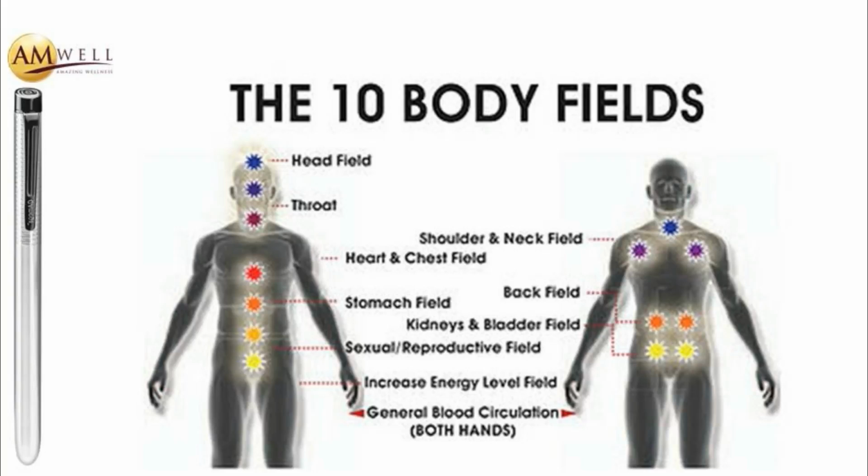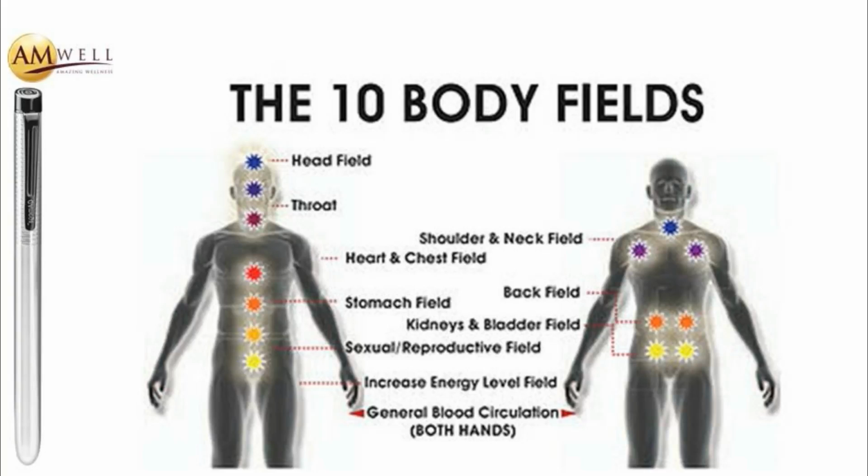Every cell is engaged within its own dimension, with the core purpose of serving that particular organ or organ system. There is also an independent field within our bioenergetic field called the head field, the throat field, the stomach field, the back field, the heart field, the shoulder field, because these fields are made up of the cells in that particular region and so on.